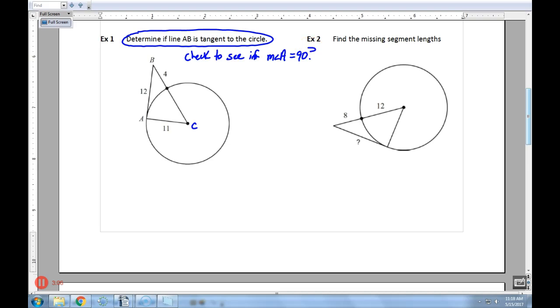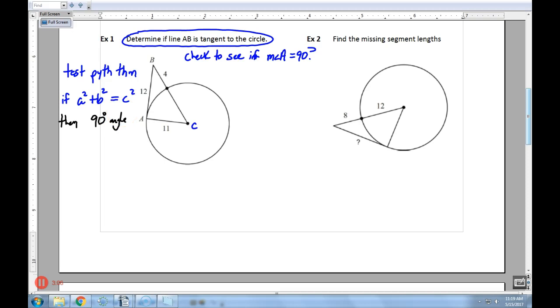If it is, then I know I have a tangent line. How do you check if that's going to be 90 degrees? I'm going to test the Pythagorean theorem. If a squared plus b squared equals c squared, then we have a 90-degree angle.